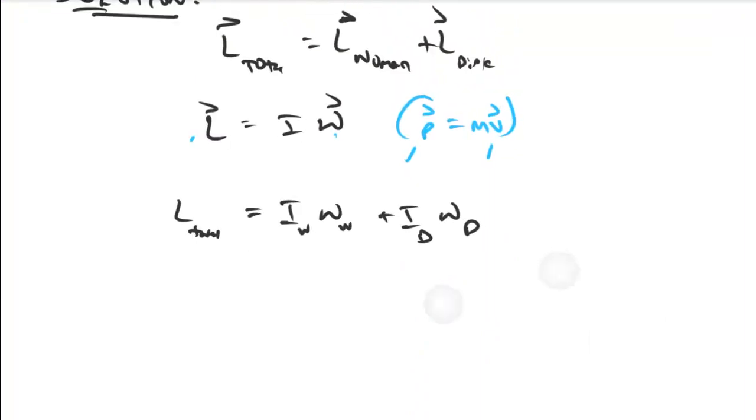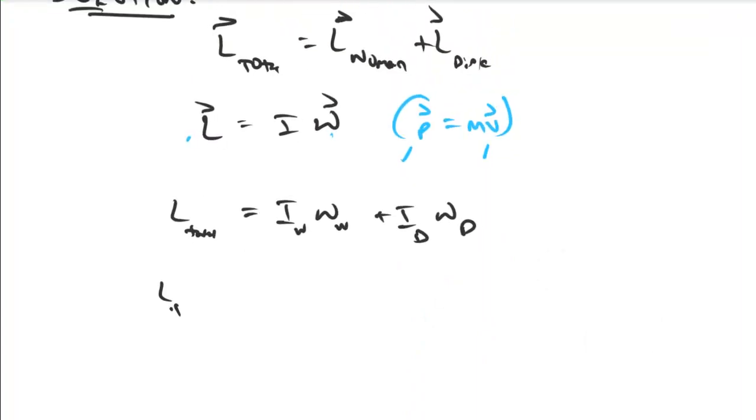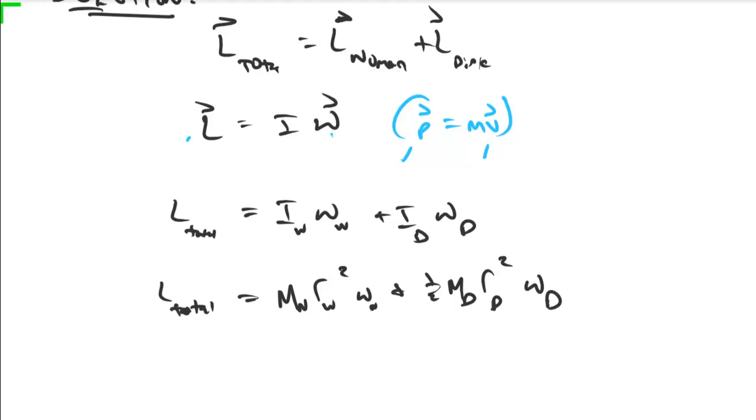And so the magnitude of the total angular momentum is equal to the mass of the woman times the radius of the woman squared times the angular velocity of the woman, plus 1/2 mass of the disk, radius of the disk squared, times the angular velocity of the disk.